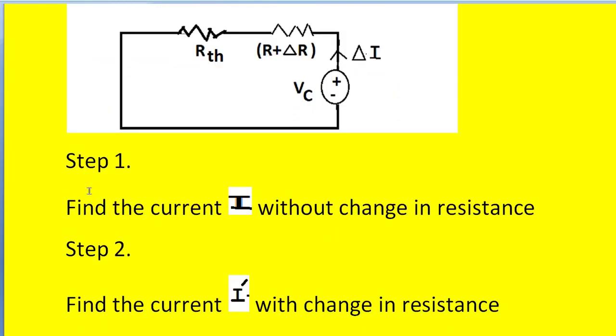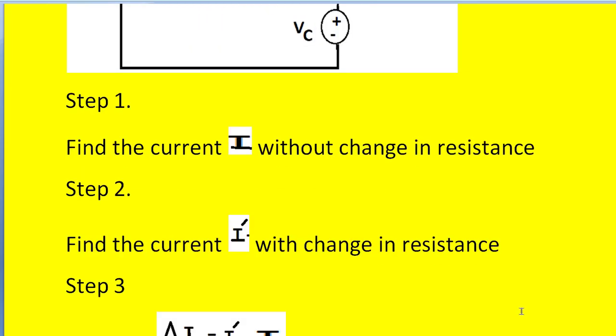So let me summarize once. Here what we have done is, first we found the current I without change in the resistance. Second step is to find the current I dash with the change in resistance.